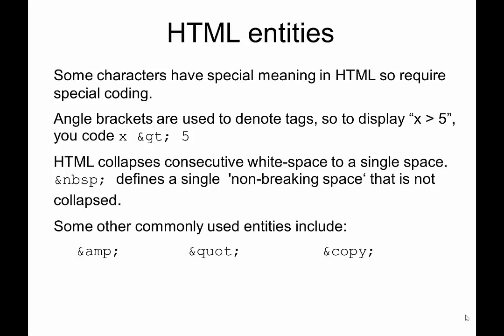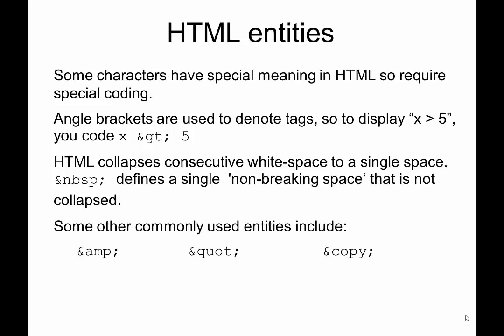Here are some other commonly used entities. Let's have a guessing game. Anybody want to know what that one is? AMP. What character might that represent? Ampersand, yes. The ampersand. Yes, quote marks.